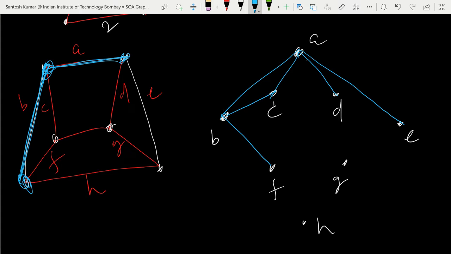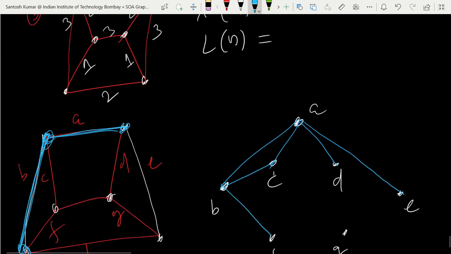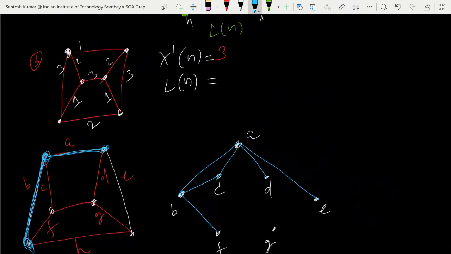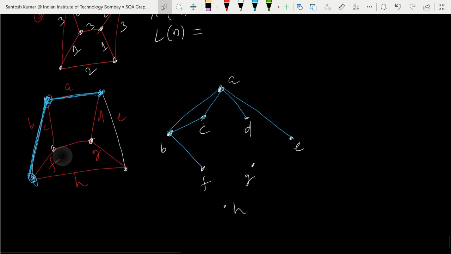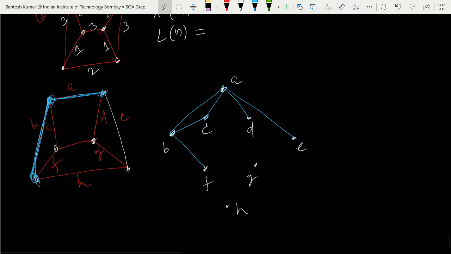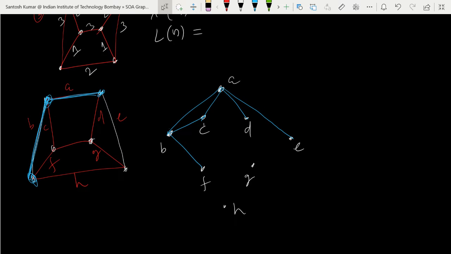There will be one more edge, sir. You missed that. Okay, I missed one more edge, the F to G edge. See, this is graph G and this is the line graph.